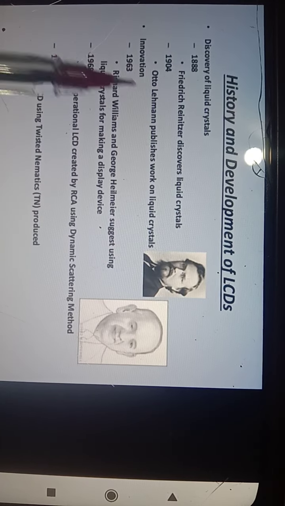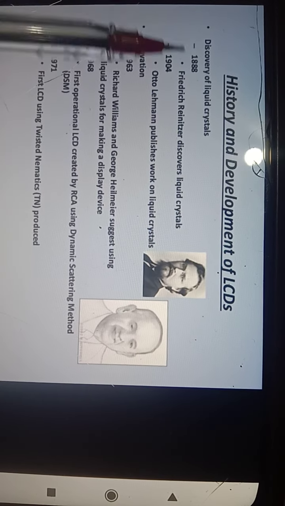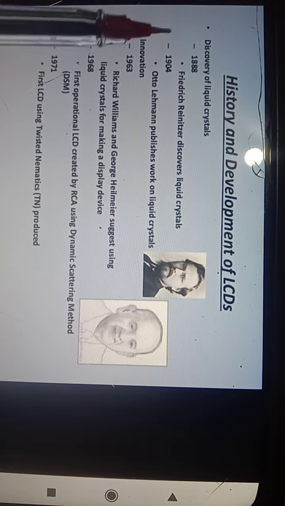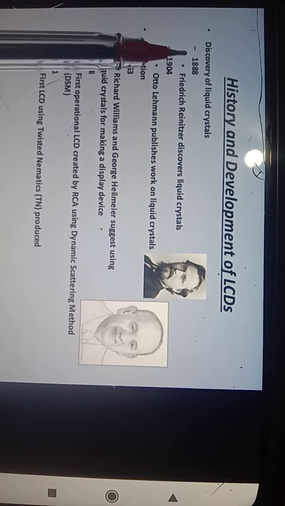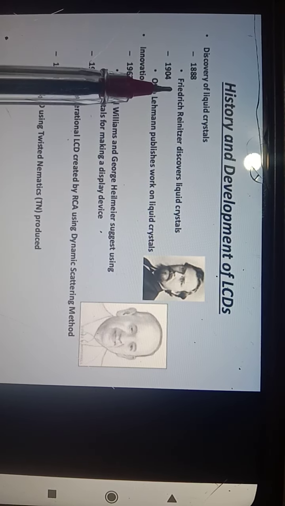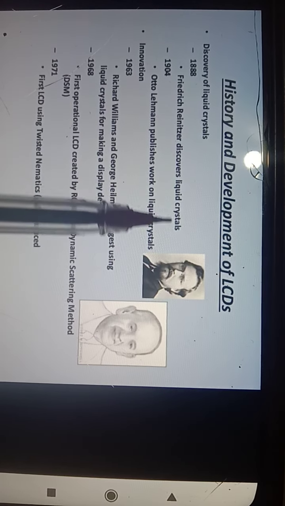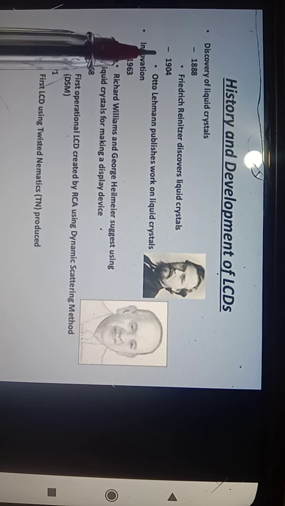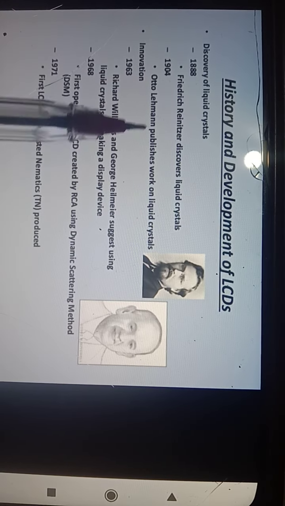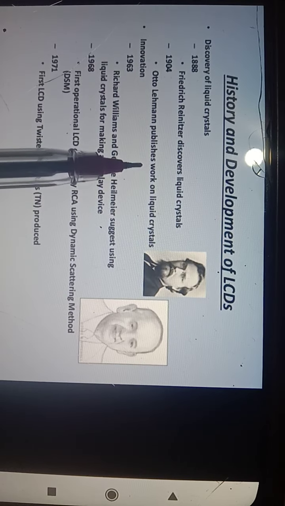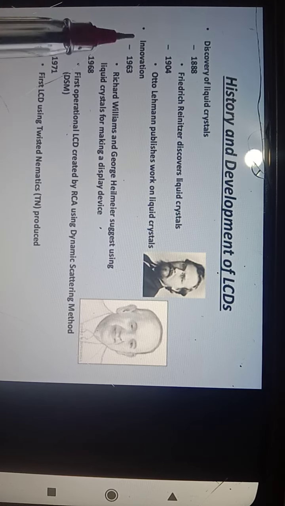Coming to the history and development of LCDs, the discovery of liquid crystals was first made in 1888 by Friedrich Reinitzer. In the year 1904, Otto Lehmann published work on liquid crystals.